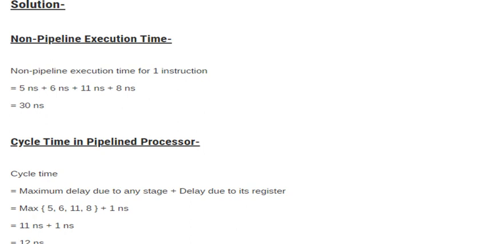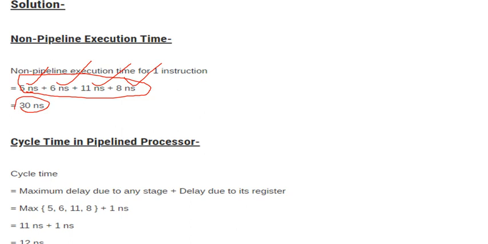It will be the summation of all the stage delays in the instruction cycle. So as we have seen, we are having 4 stages, and every stage combined with its register delay is added together to find out the non-pipeline execution time.